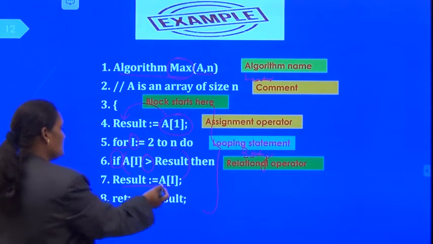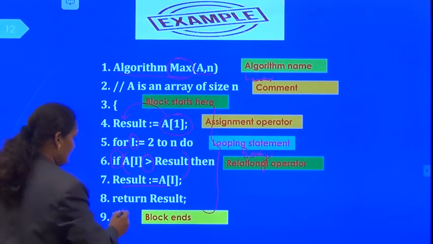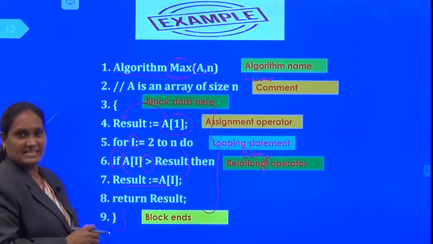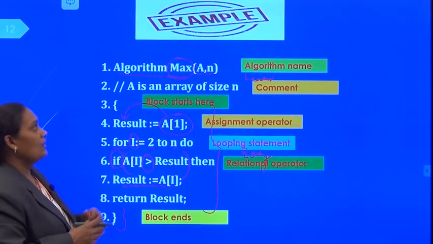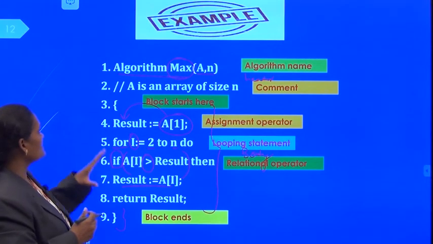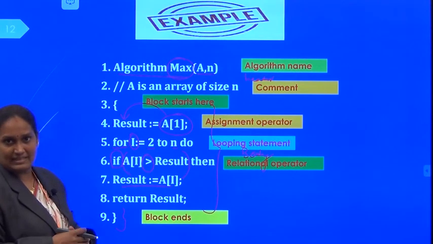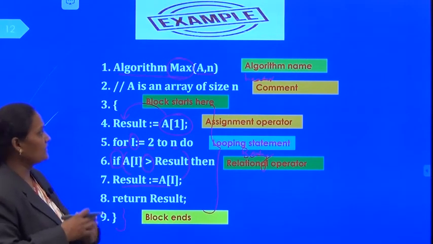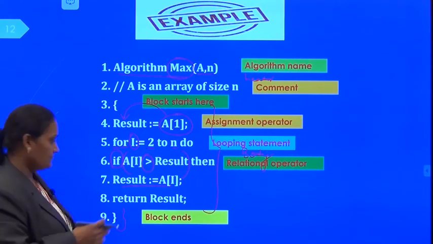Now again I used an assignment operator, and here finally the block ends with the closed brace. Here you can observe that almost all the syntax that we explained earlier is followed to write this algorithm. I hope all of you understood how to write an algorithm in pseudocode.